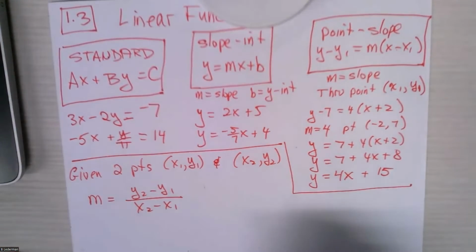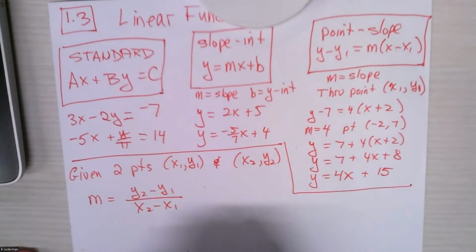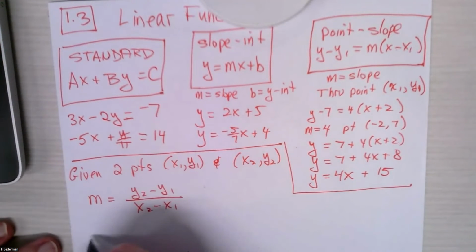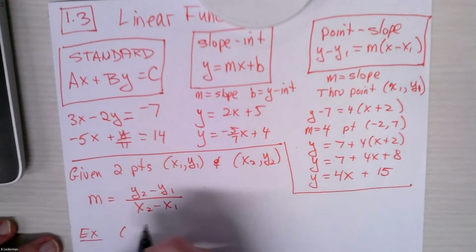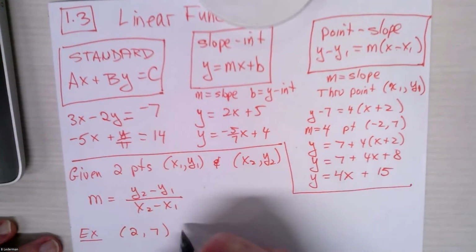So let's say I have 2 points. Let's do an example now. My 2 points are going to be, I don't know, 2 comma 7 and 6 comma 9.